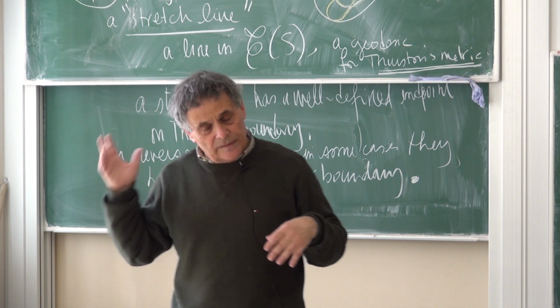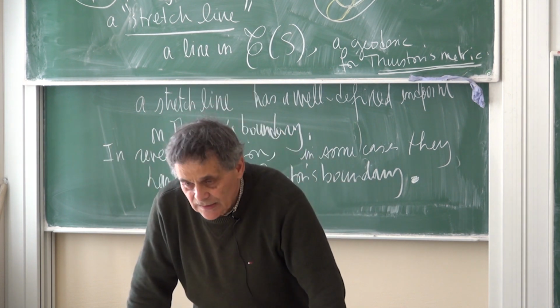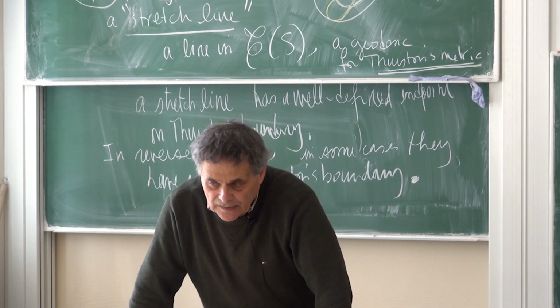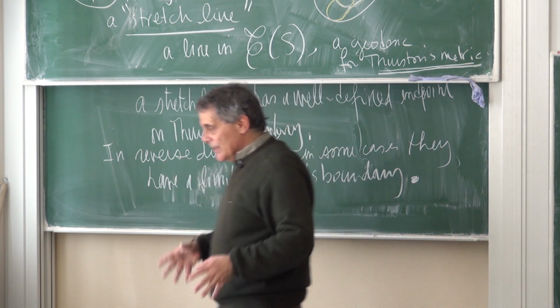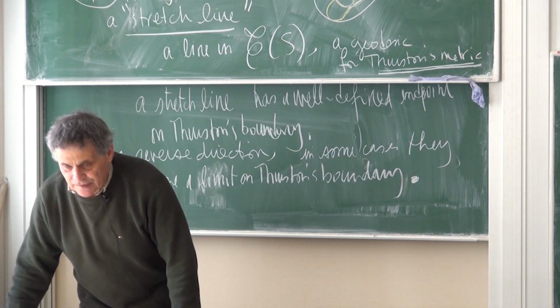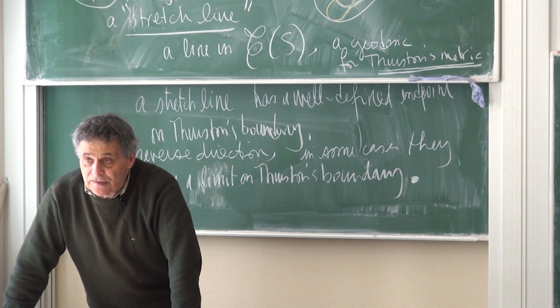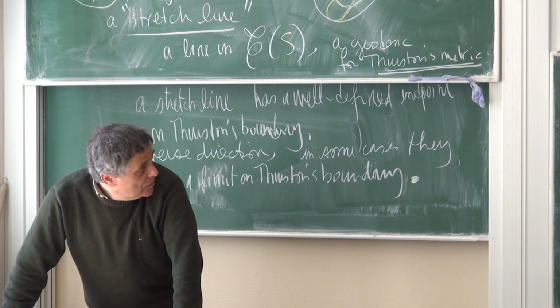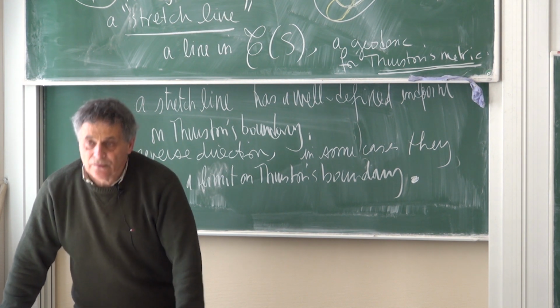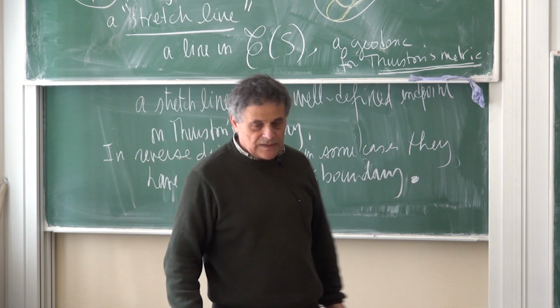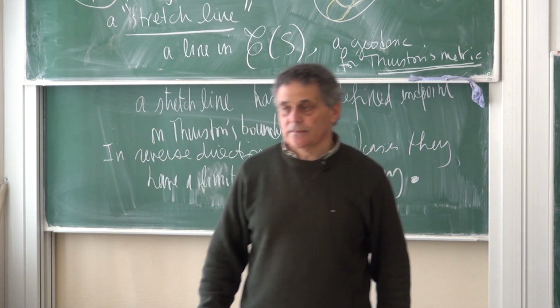The results started maybe 40 years ago, and the most complete results are maybe 3 or 5 years ago, something like that. So all these questions about limits of geodesics were addressed in the classical quasi-conformal Teichmüller theory.